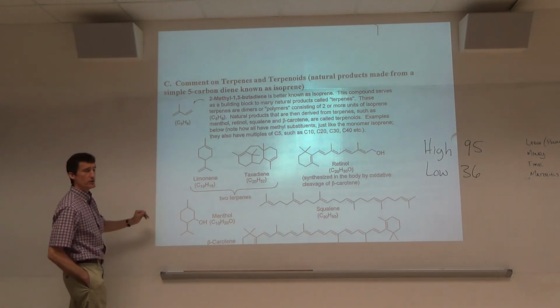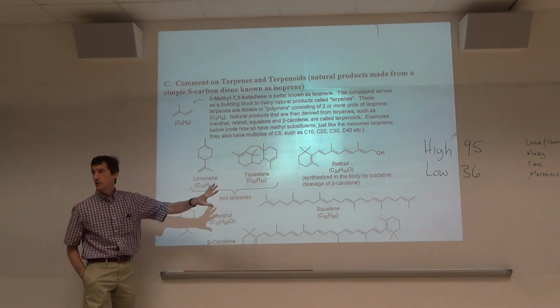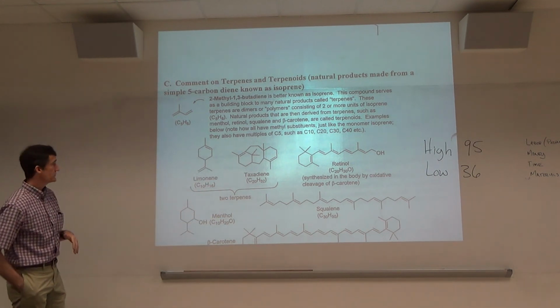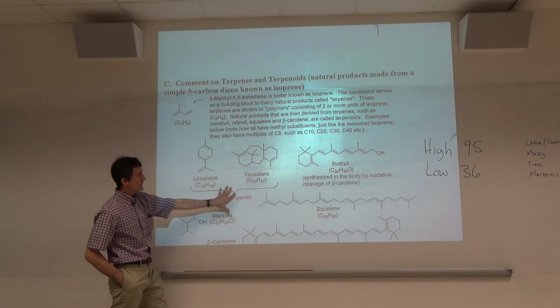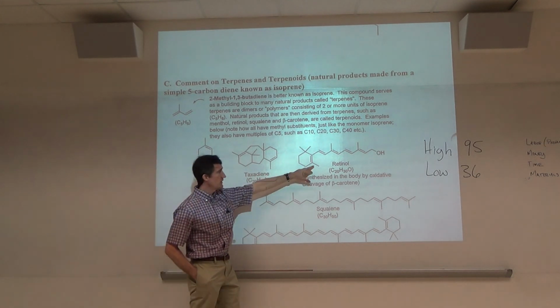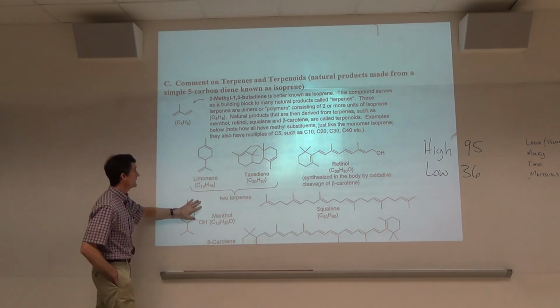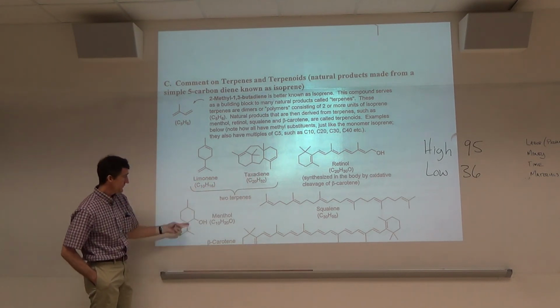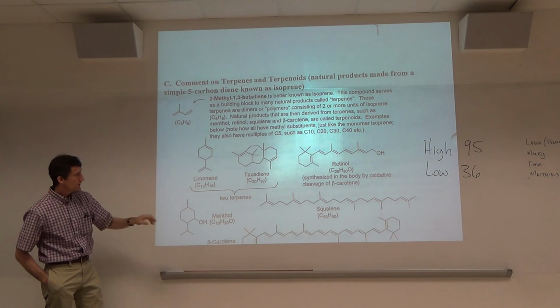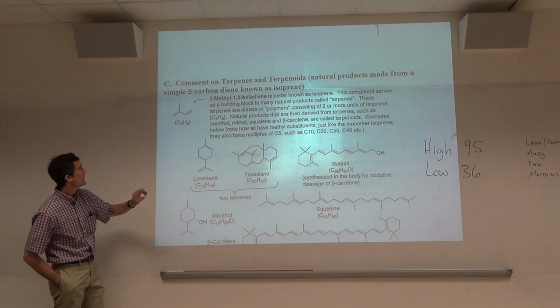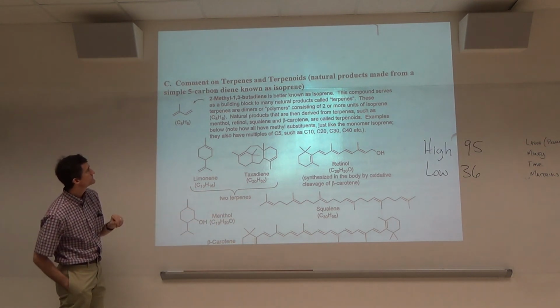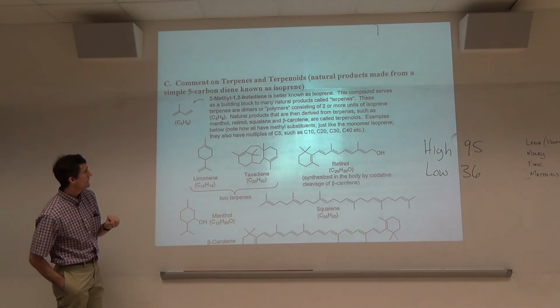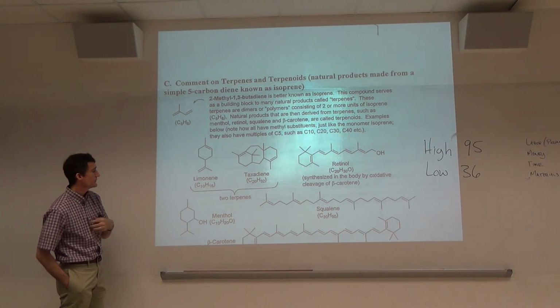Terpenes, anybody ever heard that term? Terpenes are natural products that occur in nature. Lots of compounds are terpenes. Retinol, Retin-A, okay? Taxol, menthol. These are all terpenoids because they come from terpenes.